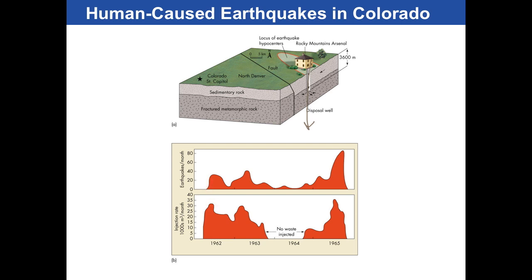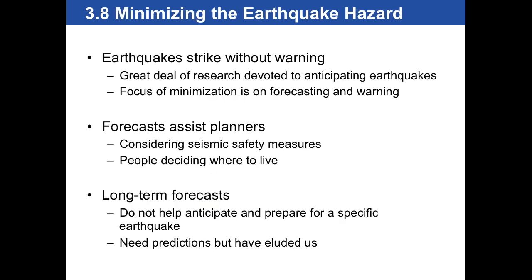And it's almost a perfect correlation between the amount that's been pumped into the ground. None right here. Look, almost no earthquakes in this late 63, 64 era. And then 65, we got a lot of this stuff being pumped into the ground. Earthquake numbers shoot back up. So there must be a very, I'm not sure if it's a cause, but there definitely is a correlation between waste into the ground and earthquakes.